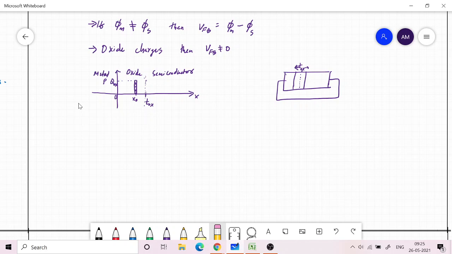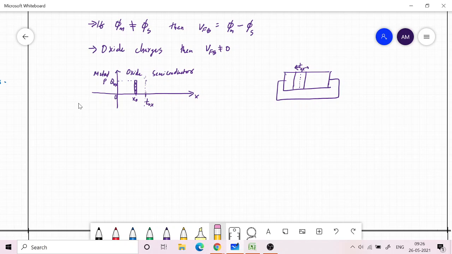In order to understand this, if you have a wire connected from the metal to the semiconductor, then this positive charge in the oxide, which is immobile and cannot be moved away from x0, is a fixed charge.